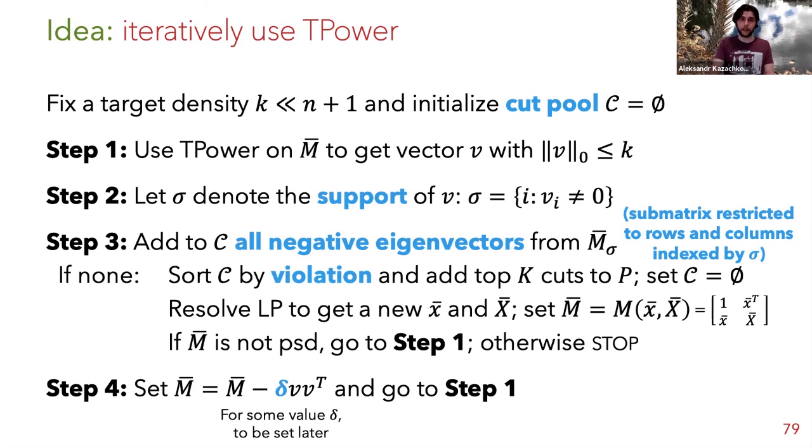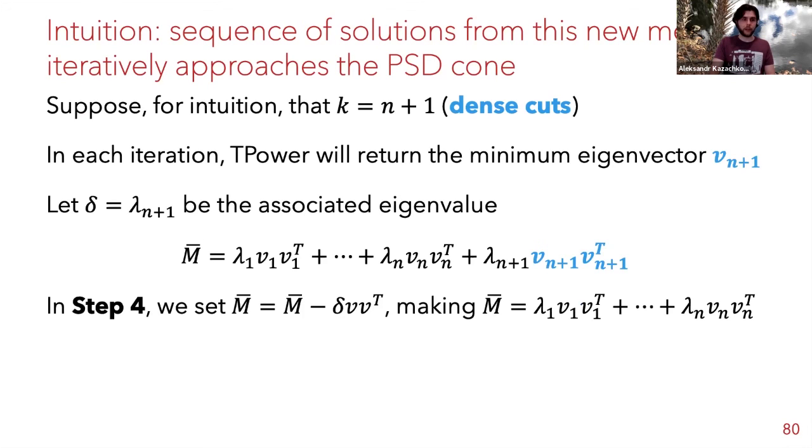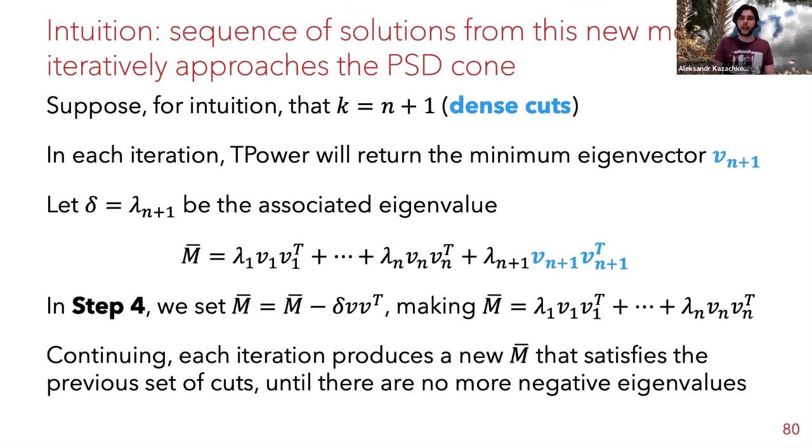That will be our algorithm for generating sparse cuts. I will skip the intuition, but basically in a few words, if we were to set our sparsity level to be the full n+1, in this process we would be generating all the eigenvectors of M bar.